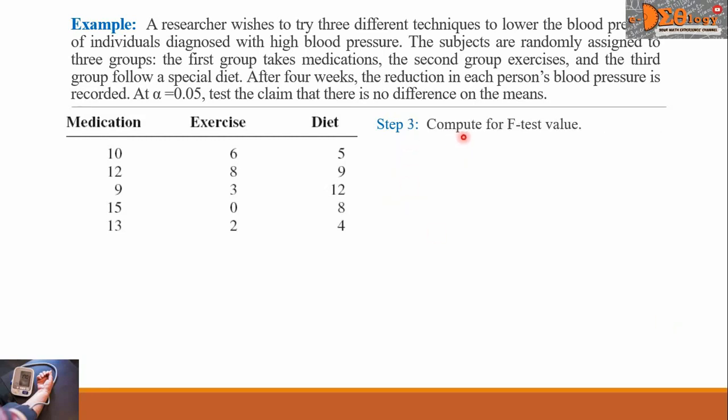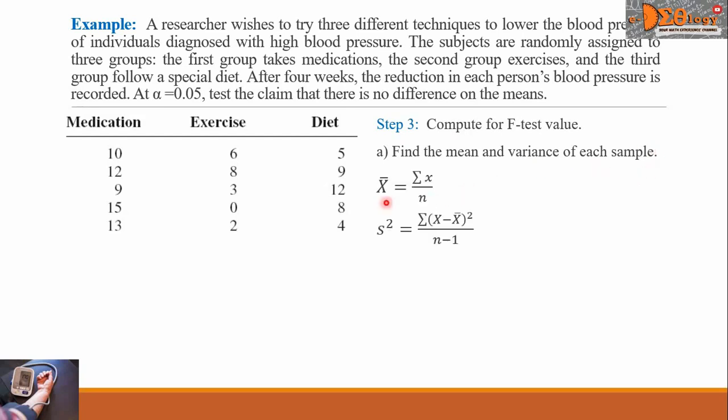Step 3 is to compute the f-test value. At first, let us find the mean and variance of each sample. We know that x bar, or the mean, is equal to the summation of x over n, and the variance is equal to the summation of (x minus x bar) squared, all over n minus 1.